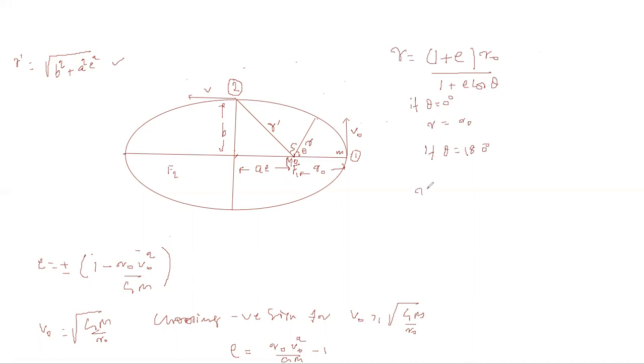So it would be having R is equal to (1 plus E) into R naught upon 1 minus E. Now, this is R naught, and this one from the opposite extreme to the foci F1, that distance is (1 plus E) into R naught over 1 minus E. So if I sum these two distances up, it would be nothing but the entire major axis's length.